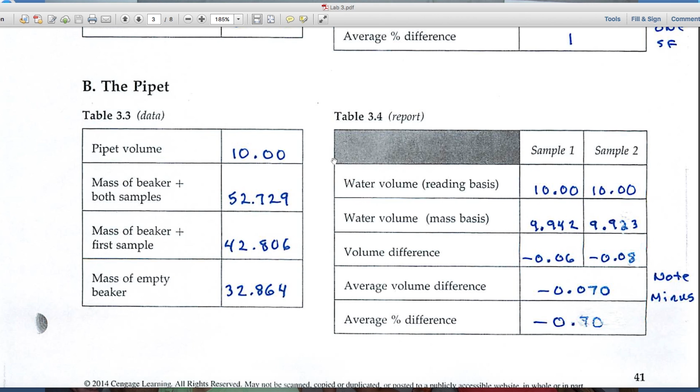So when I divide by 2, that two significant figures carries over to the 0.070. And again, I've retained the minus sign. The average percent difference, we move the decimal one place, as we did in Part A, and it's minus 0.70.